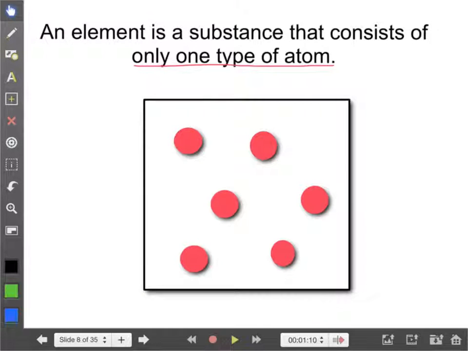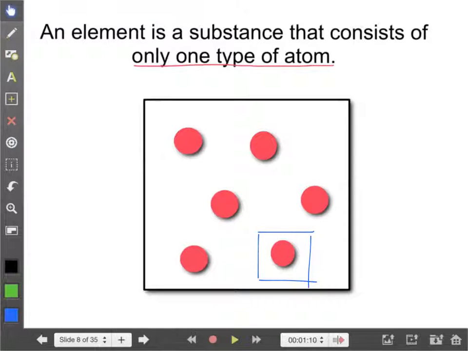So again, this is a particle diagram of an element. And what is it made up of? Well, it's made up of these pink circles. And we have talked about already that these pink circles represent atoms. So thinking back to our definition of an atom being the simplest particle of an element that can exist on its own in a stable environment.